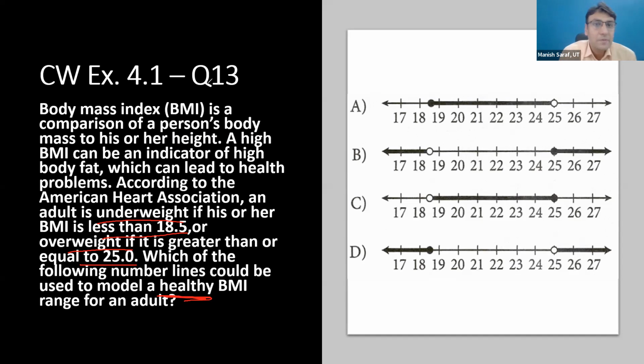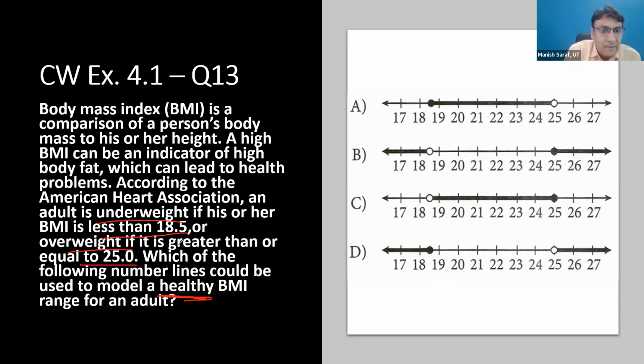Now, Atish, if you read the problem carefully, you will see the data given is for unhealthy, underweight and overweight, and the question asks which number line depicts a healthy BMI. Okay? So who is unhealthy? First, let's try and find that out.